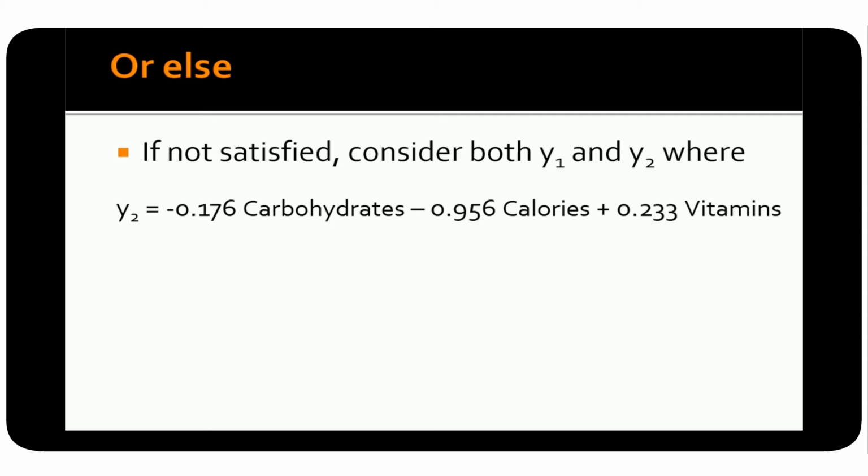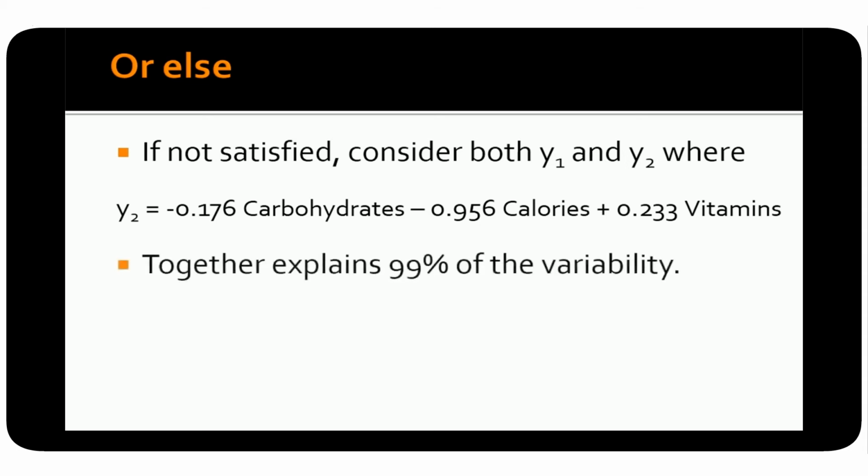Or else, if you are not satisfied with this, along with y1 you can take the second column y2, and from that we see that it is a linear combination of the carbohydrates, the calories, and the vitamins, and this gives us the second variable. So, now y1 and y2 together explain 99% of the variability.